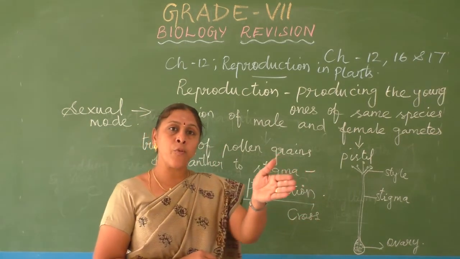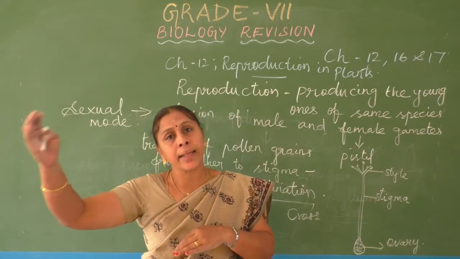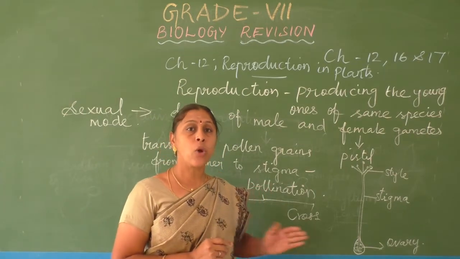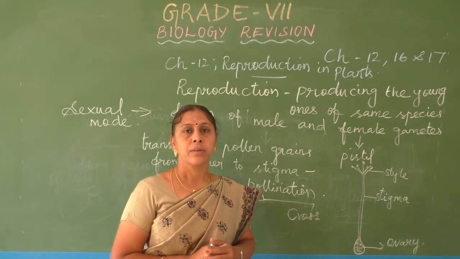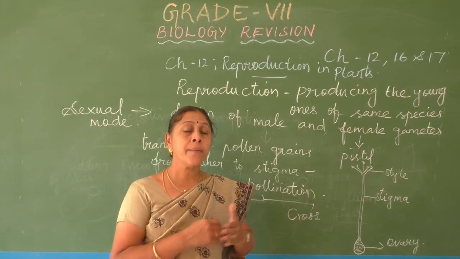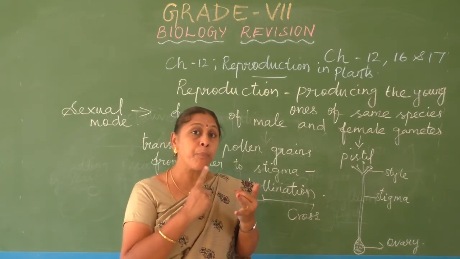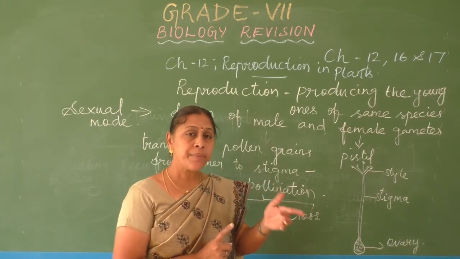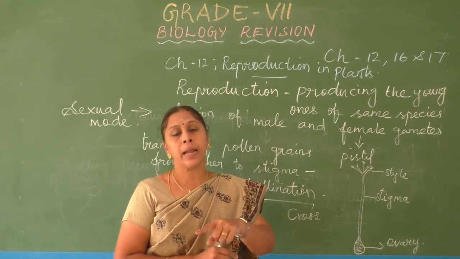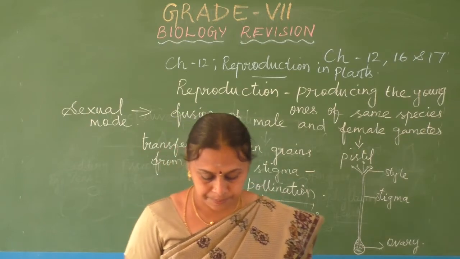Cross-pollination means transfer of pollen grains from one flower to another flower of the same plant or another plant. That is called cross-pollination. So I think you understand the difference between fertilization and pollination. Pollination means transfer of pollen grains. Fertilization means fusion of male and female gametes.